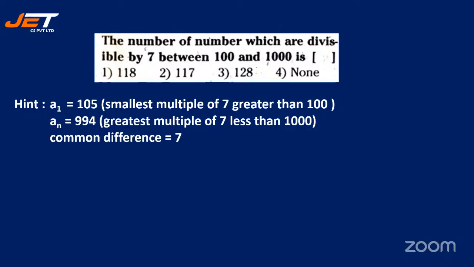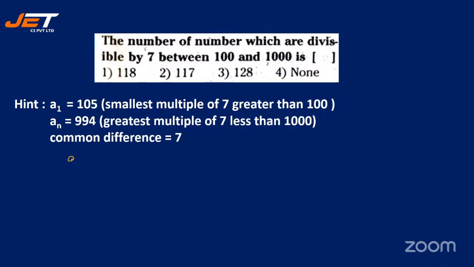Isn't it? So what is the common difference? The common difference is 7. That's what they've given. So what is it they want us to find out? The numbers which are divisible by 7 between 100 and 1000. All right. So let us proceed.